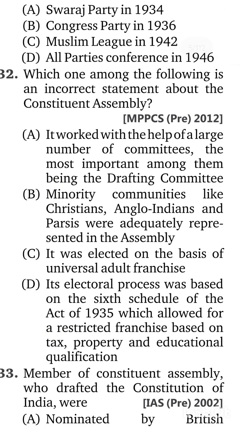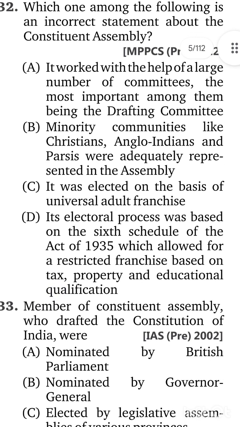Question number 32. Which one of the following is an incorrect statement about the Constituent Assembly? Option is C. It was elected on the basis of universal adult franchise. Let's see the other options also. It worked with the help of a large number of committees, the most important among them being the drafting committee.